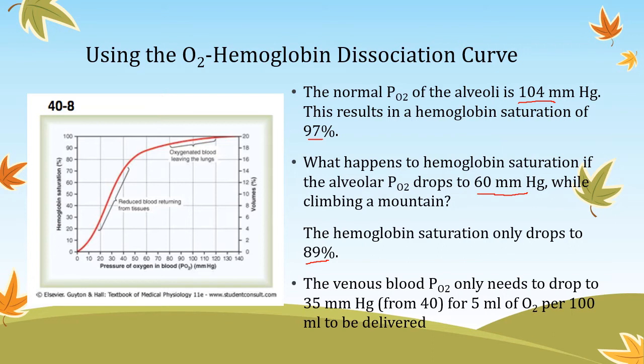Now, let's say the environment is in need of more oxygen, and the partial pressure of oxygen continues to drop below 60. For example, it drops down to 40.